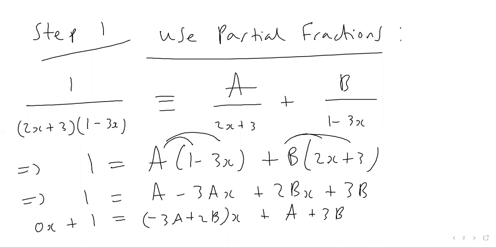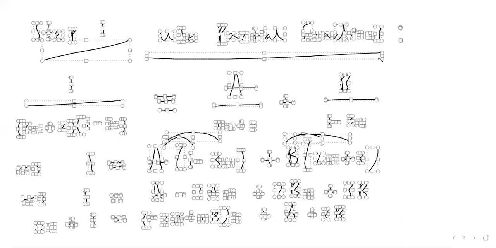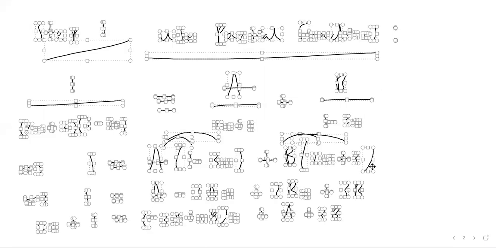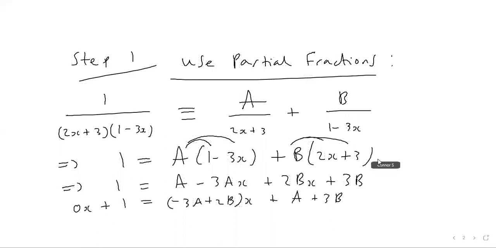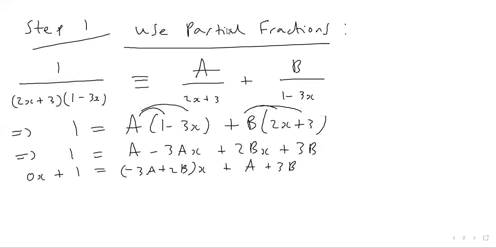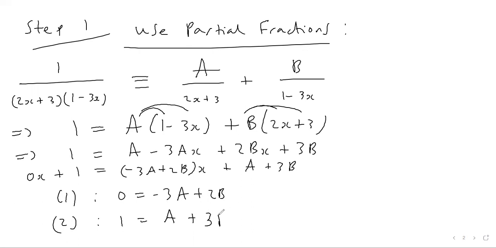That tells us two things. It tells us that 0 equals minus 3a plus 2b. So equation number 1: 0 equals minus 3a plus 2b. And equation number 2: the constant 1 is equal to a plus 3b.